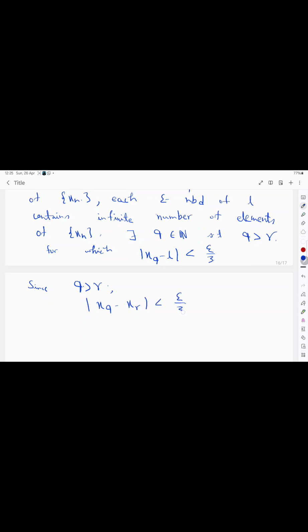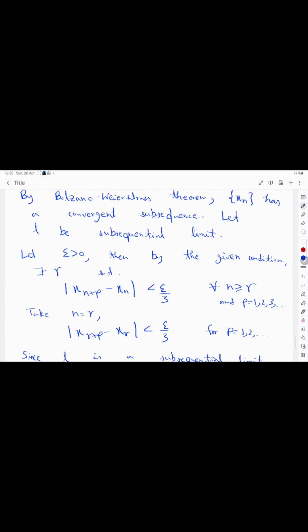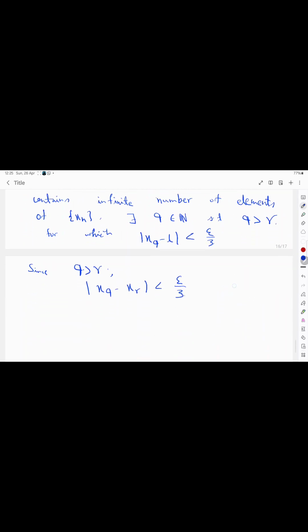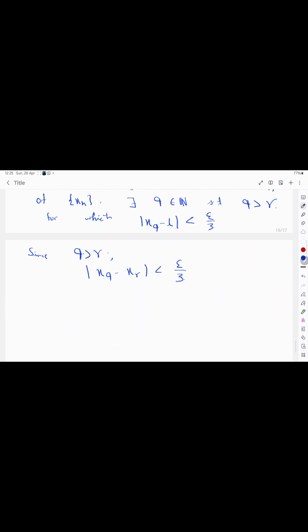Why can we say this? Because n plus p minus n, p can be any number, right? Suppose q is like r plus 3, so your p is working as 3, right?